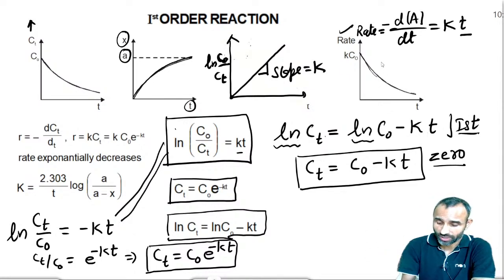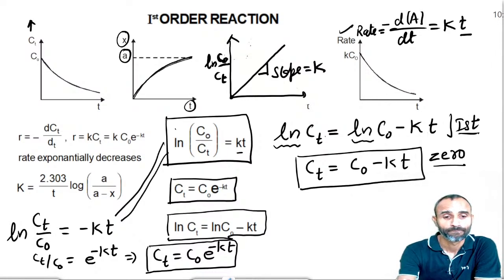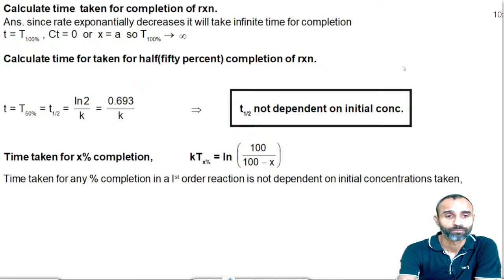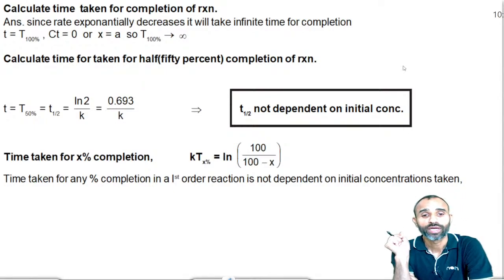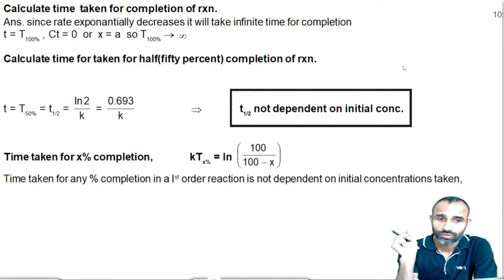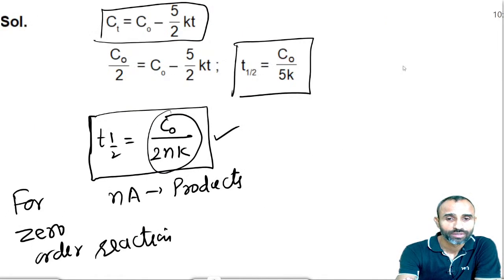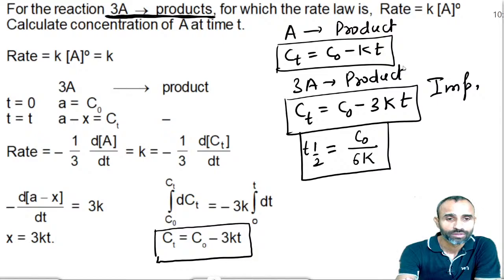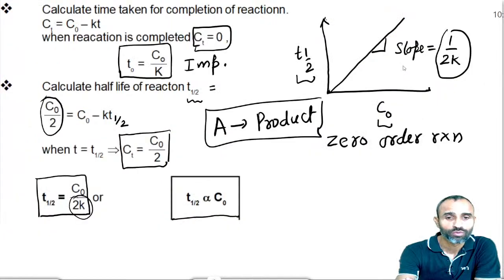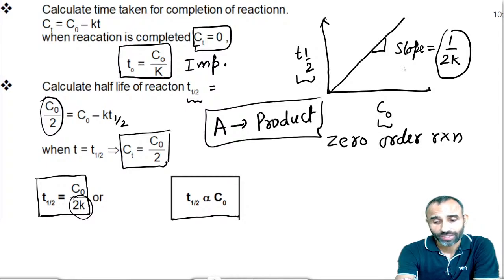For zero order reaction, rate was like this. Rate is uniform even if concentration is decreasing. Now calculate the time taken for completion of reaction. In case of zero order reaction, the value was finite, C naught by k.